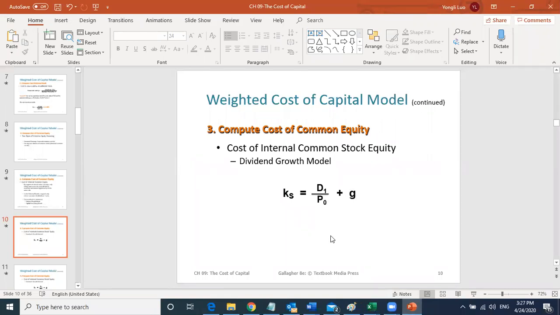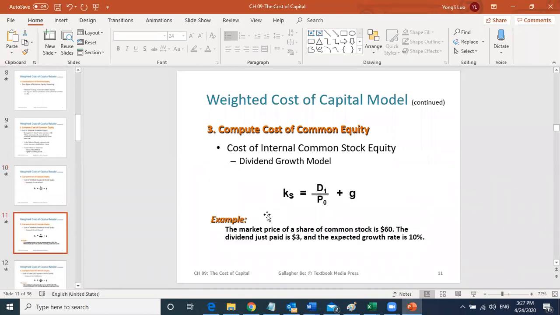What does that mean? D1 is the dividend at the end of year one, P0 is the current stock price, and G is the dividend growth rate.